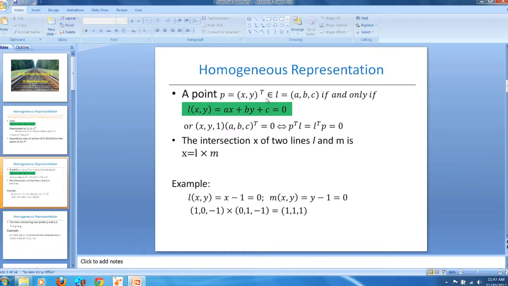Multiplied by the vector ABC, it gives exactly 0. This is the requirement.